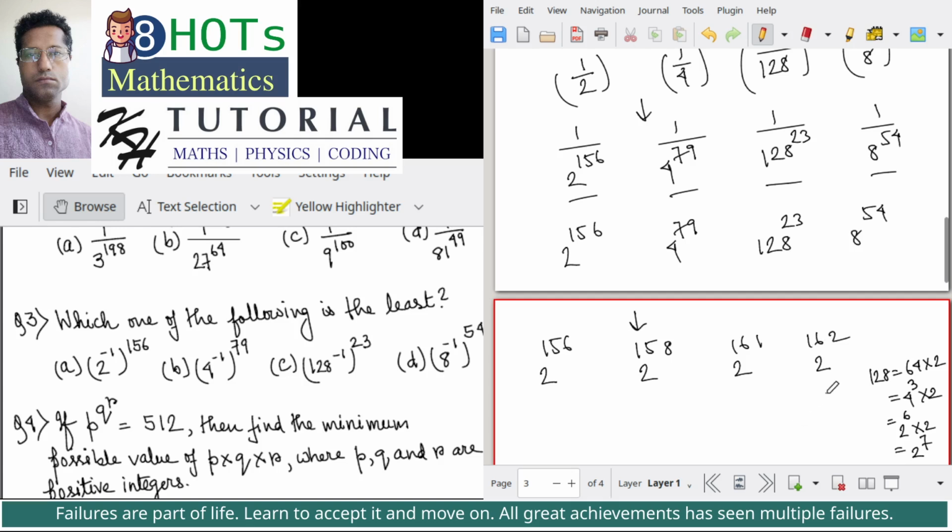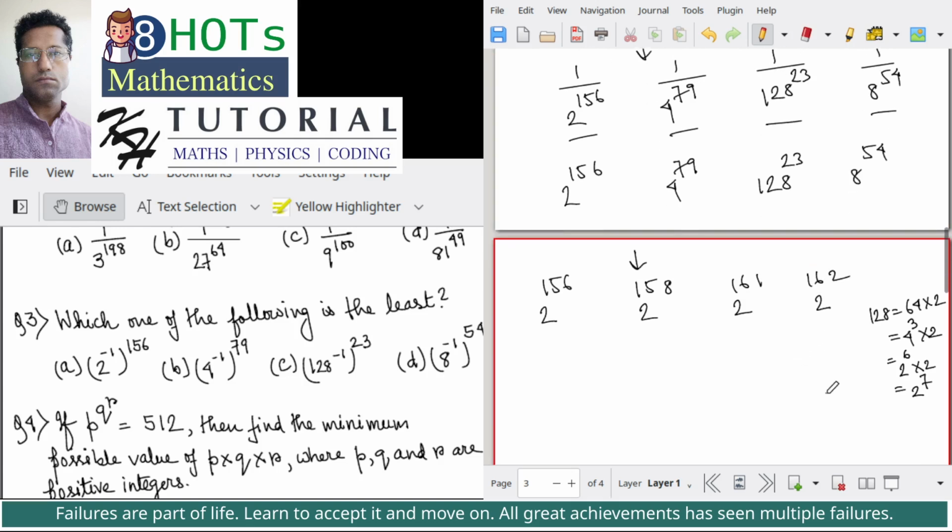Okay, so we have this. Now we can see all these numbers have the same base 2, so we can compare them by the powers. We are finding which of these is the greatest. Definitely the greatest will be 2 to the power 162.